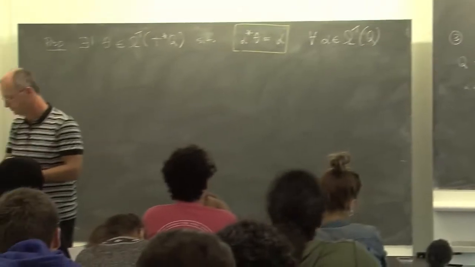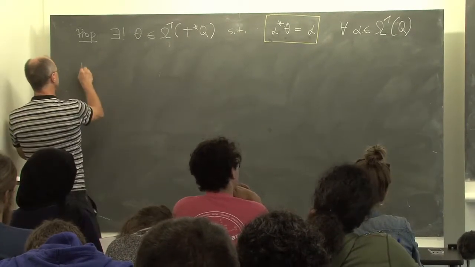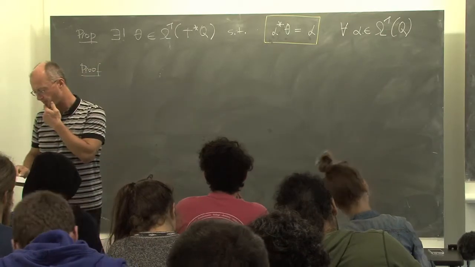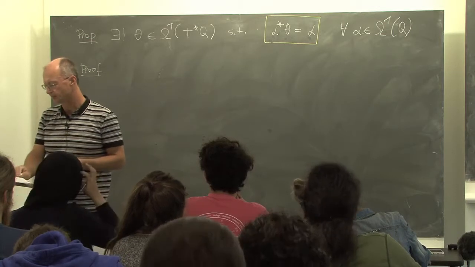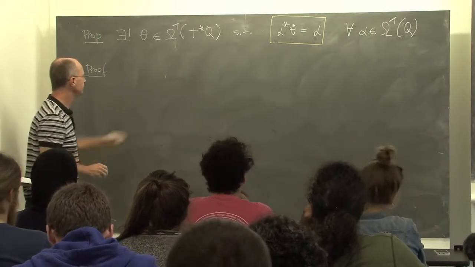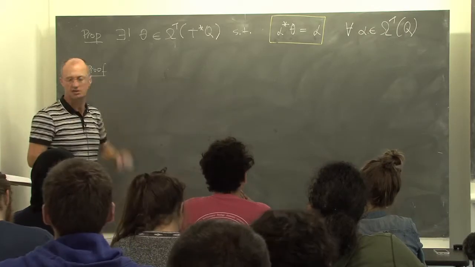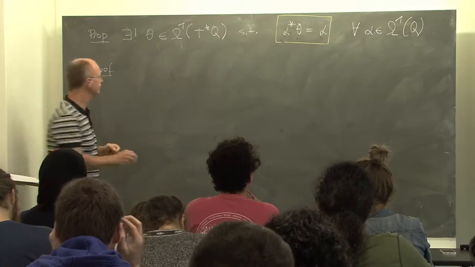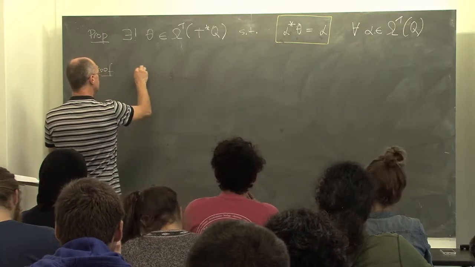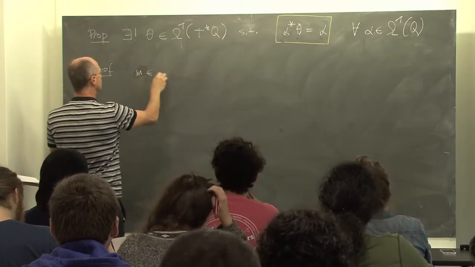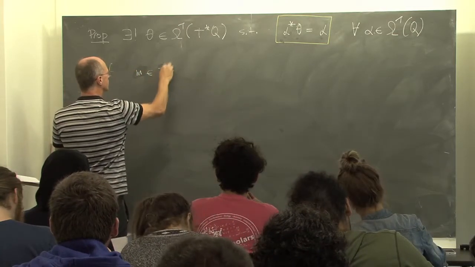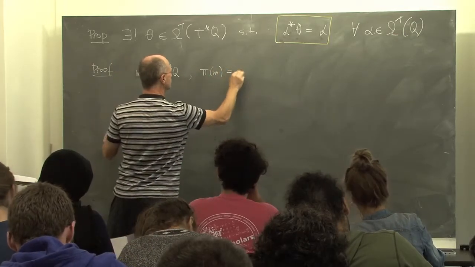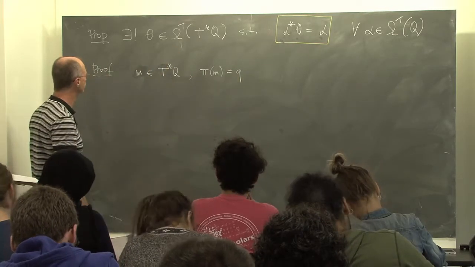So let's try to prove it. In fact, this will be a direct proof, and I'll simply give a formula for this theta and then prove that it works. And then we'll discuss uniqueness. So let's say we choose a point m in T star Q. Its projection is the point q.